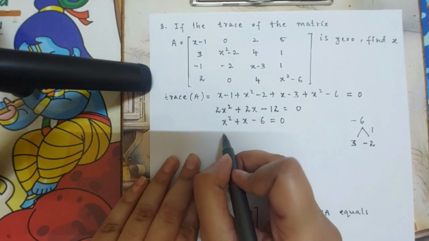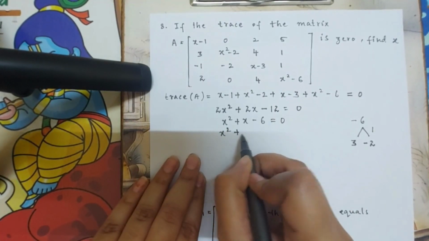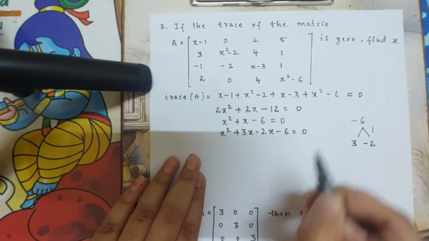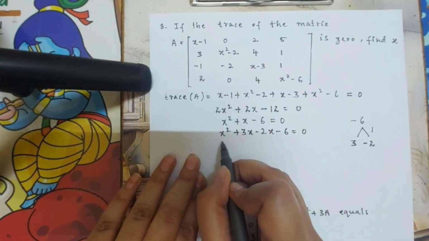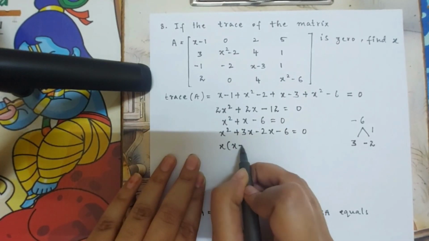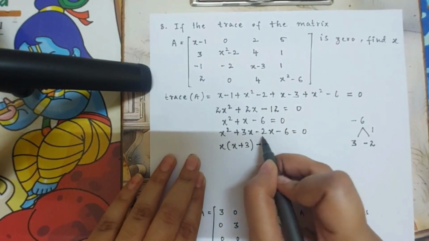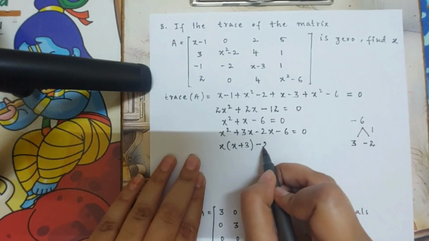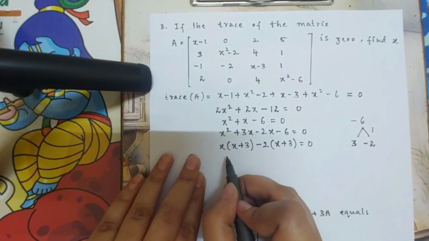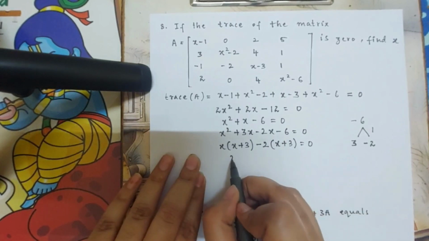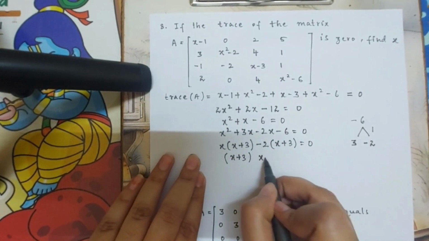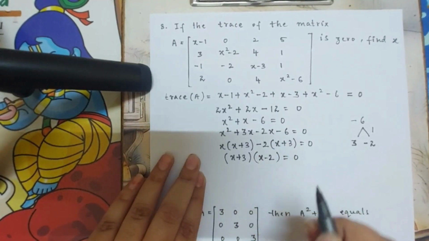So how will I be able to write this? x square plus 3x minus 2x minus 6 will be equal to 0. From the first two terms, I'll be taking x out, x plus 3, minus, and from the next two terms, I'll be taking minus 2 out and will be left with x plus 3 again. So from these two terms, I'll take out x plus 3, and what we are left with is x minus 2, and that will be equal to 0.